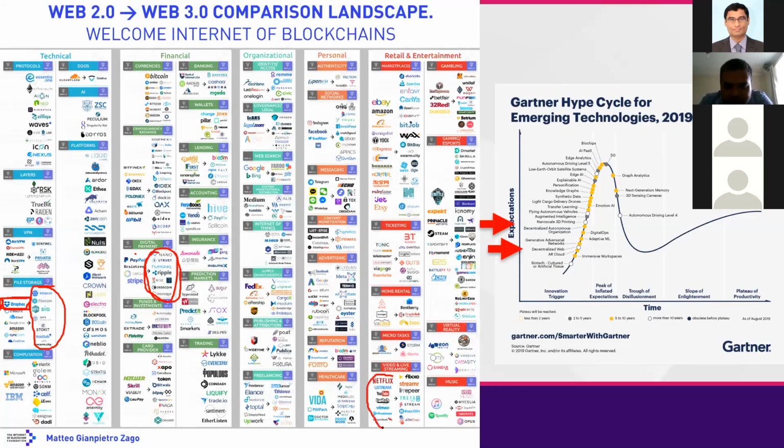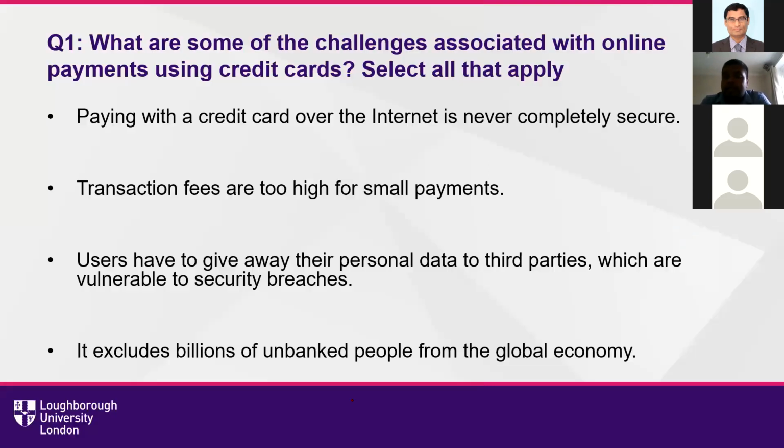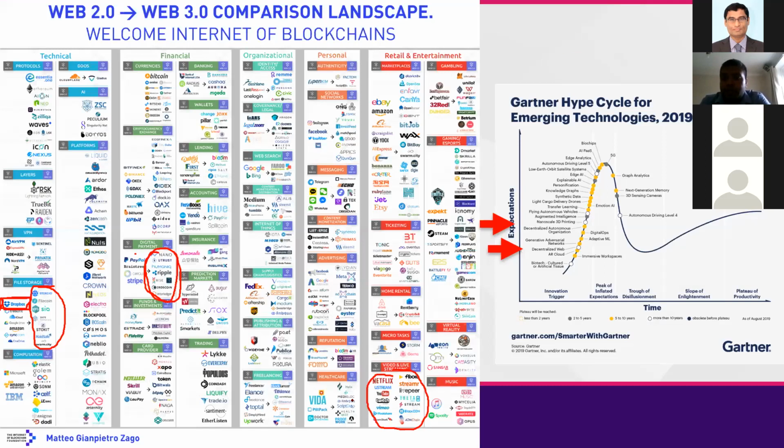Okay, so I can recognize something here. Can you see here? We are now using Netflix, YouTube, and other video sharing platforms, and these platforms are centralized. Similar to Facebook, these companies can decide what should be shown to you and what the benefits are.